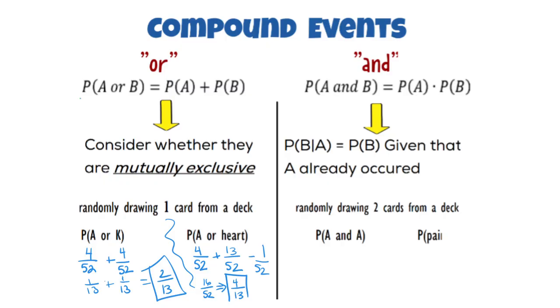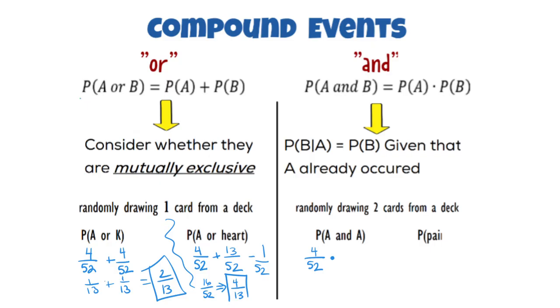Okay. Let's try some. It says randomly draw 2 cards from a deck. The probability that I get an ace, and then I draw another ace. So how many aces? 4. Out of how many cards? 52. And tells me to multiply.